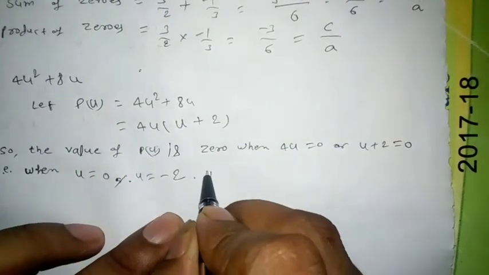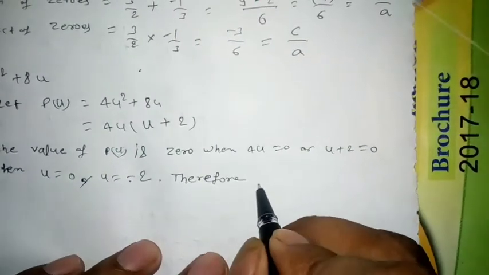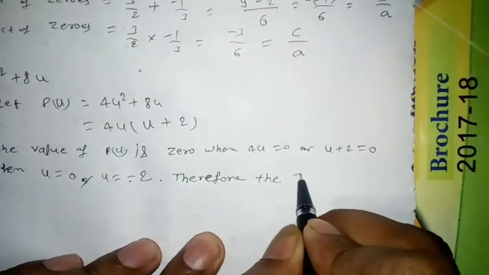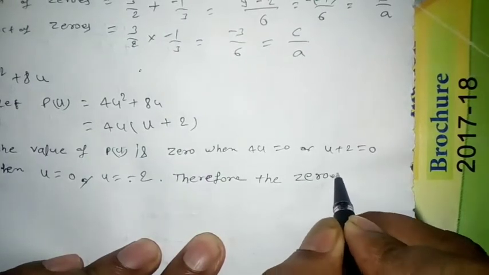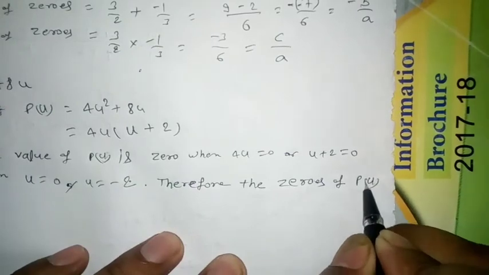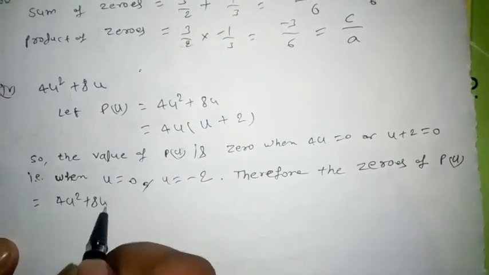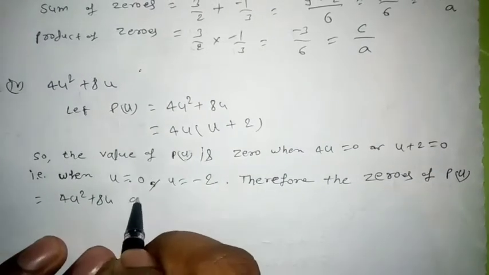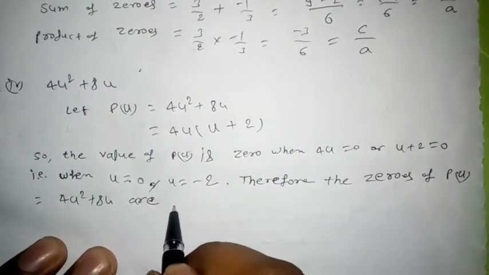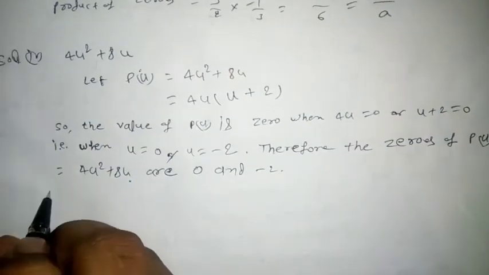Therefore the zeros of pu, it means that 4u square plus 8u, are 0 and minus 2. Now verify.